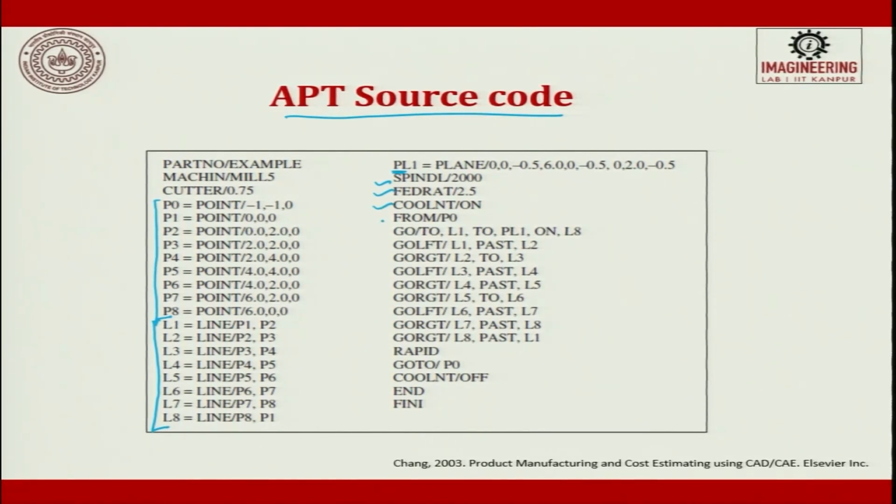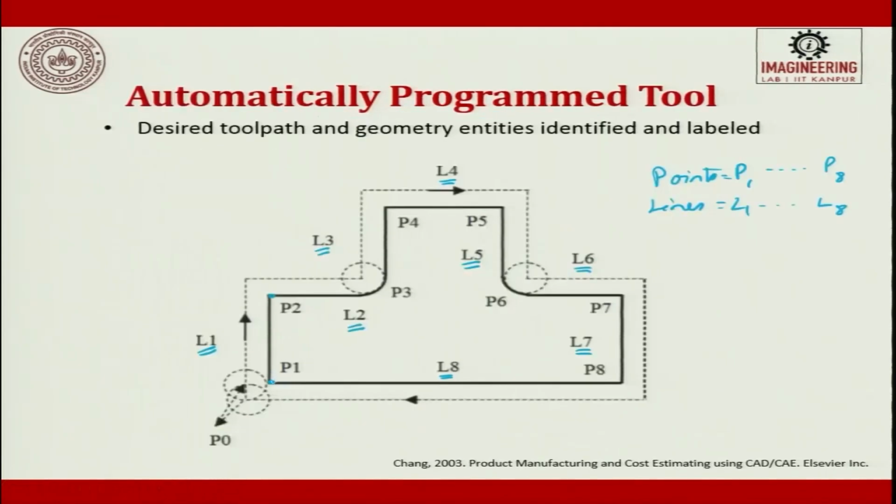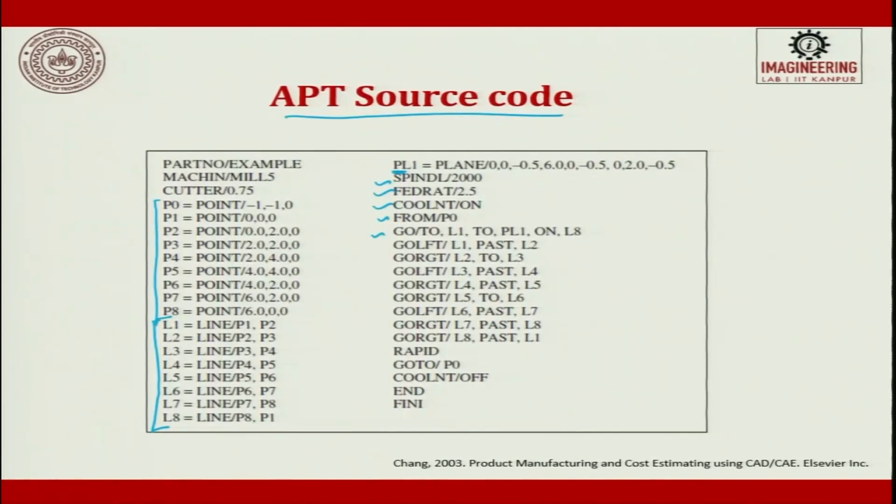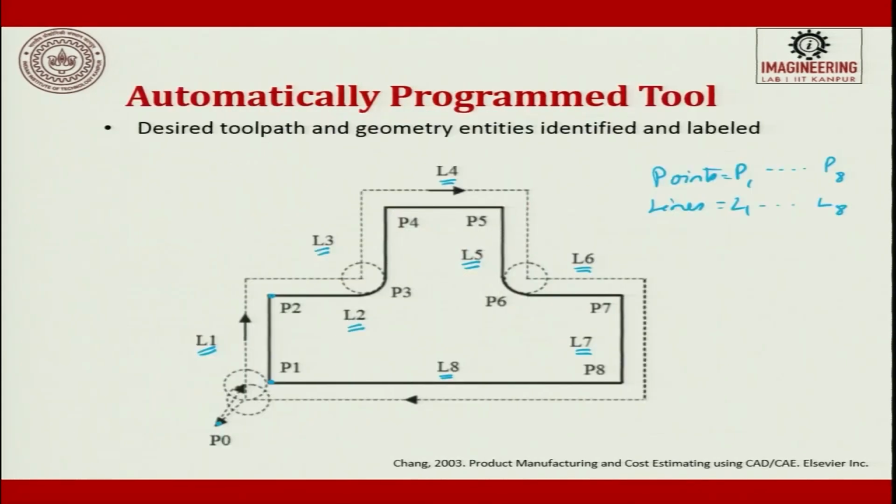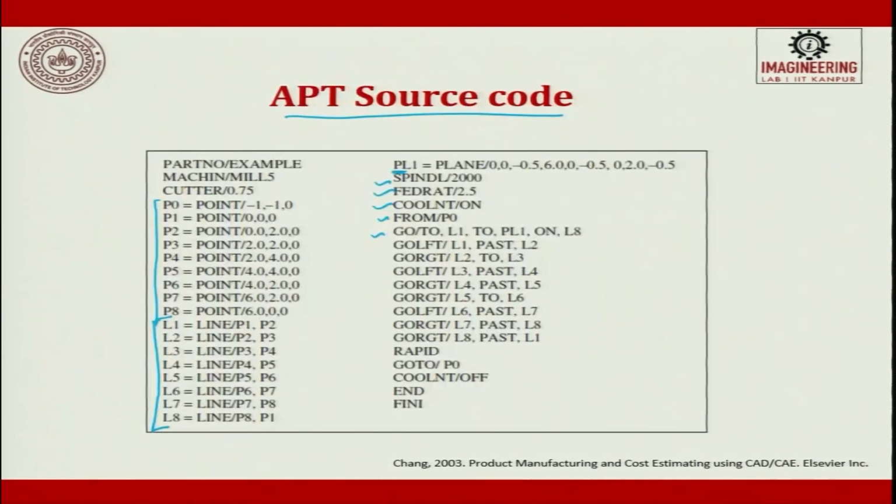Then you say move from P0, go to L1, to plane 1 on L8, go to P0, P1. So it says go to L1, which is a line, to plane 1 on L8. This is meeting L8, so you have to go to this point. From L8 there is a point coming, from L1 there is a point coming, and then we say go to point number P1.